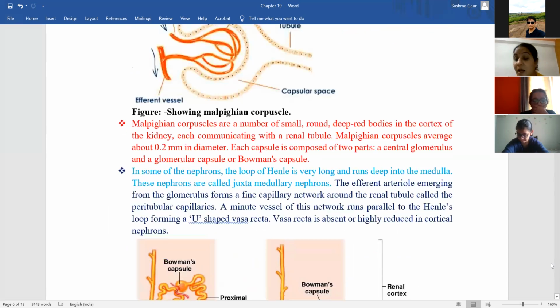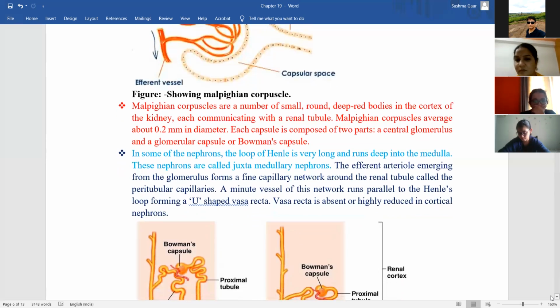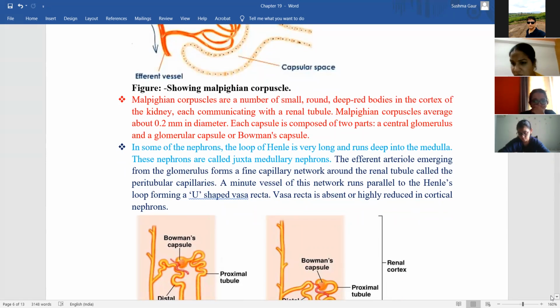Ma'am, I have a doubt, but it's not from this chapter. It's from the previous chapter. Ma'am, had you said that cardiac arrest and heart attack are almost the same thing? I don't remember. We had a discussion about this earlier, and I think you had said that both are the same. But today our bio teacher was saying that both are completely different things.